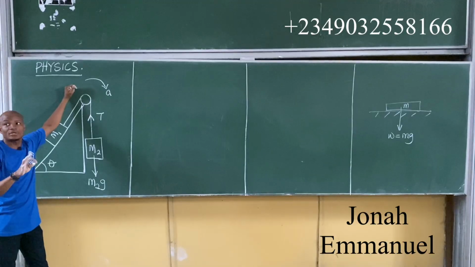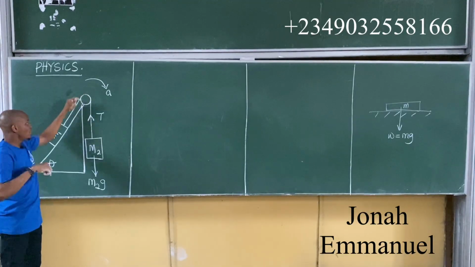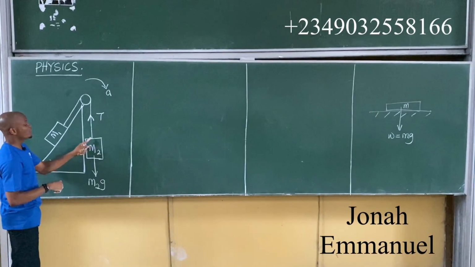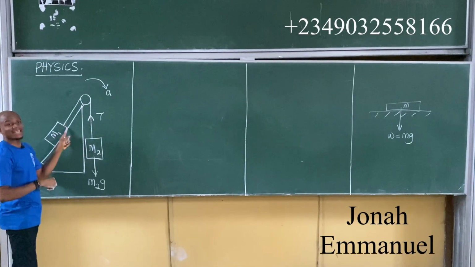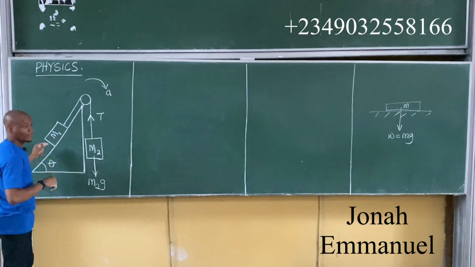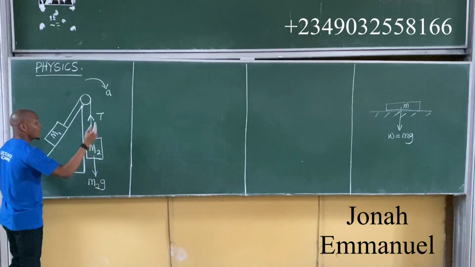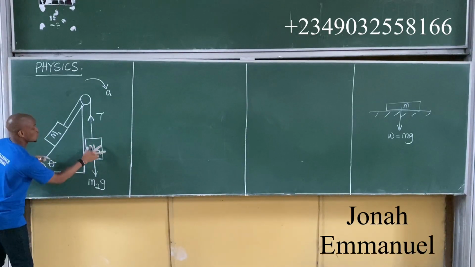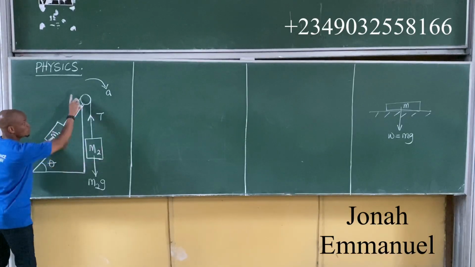Now that's case one. A second concept is this. The string that you have from here to this point, is it the same string? Yes, the same string. Now, listen to this one. I said if I have a stone and a feather here, it will move this way.